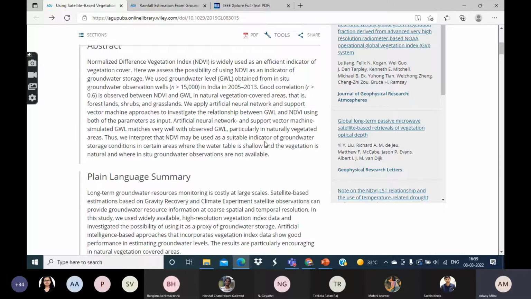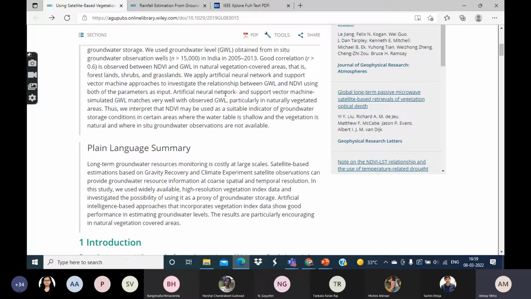Now, whatever they have estimated, they will compare with the in situ observations from the different ground wells. And what they claim to have found is that especially in these natural vegetation areas like forest lands, shrubs and grasslands, there is a very good matching between what is predicted by the neural networks and what is observed from the wells.